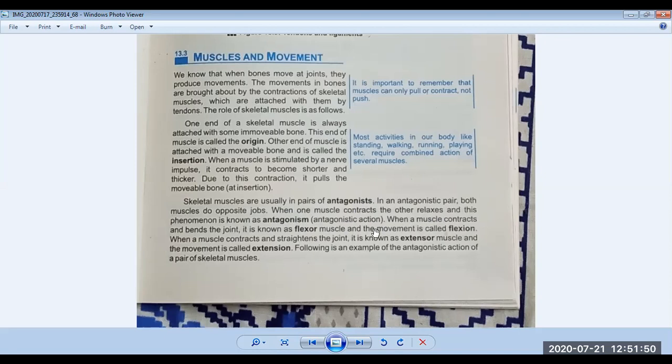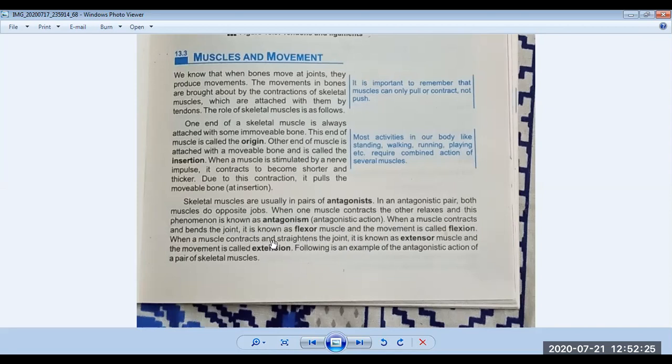When a muscle contracts and bends the joint, it is known as a flexor muscle, and the movement is called flexion. These terms are very important. In board exams, short questions always come: what is antagonism, and then differentiate between flexor and flexion, or extensor and extension. Now I will explain first what a flexor is. When a muscle contracts and bends the joint, it is known as a flexor muscle, and the movement is called flexion.